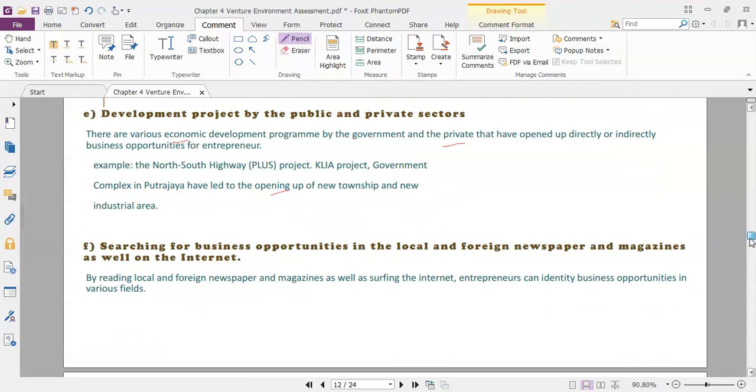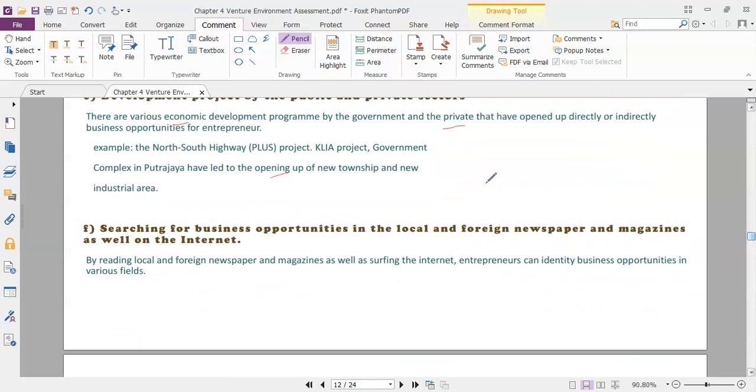And then let's look at F, searching for business opportunity in the local and foreign newspapers and magazines as well as the internet. By reading local and foreign newspapers and magazines as well as surfing the internet, entrepreneurs can identify business opportunity in various fields. So for example, maybe we can look at some dishes, some foods. If you study in hotel management, you need to have an idea how to open the business cafe, for example, or kedai makan.